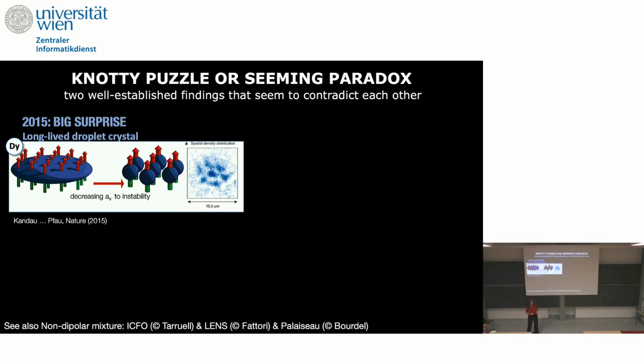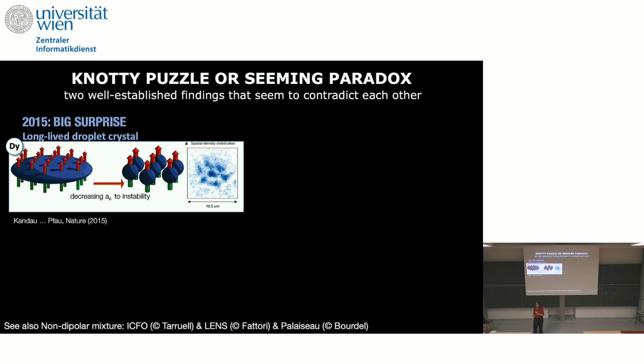But actually what happened later, in 2015, was a big surprise. We were thinking, okay, let's repeat the collapse experiment. Now that we have an even larger magnetic moment, even larger attraction, the collapse will be even faster. And instead we saw that the system was changing shape, but being stable.